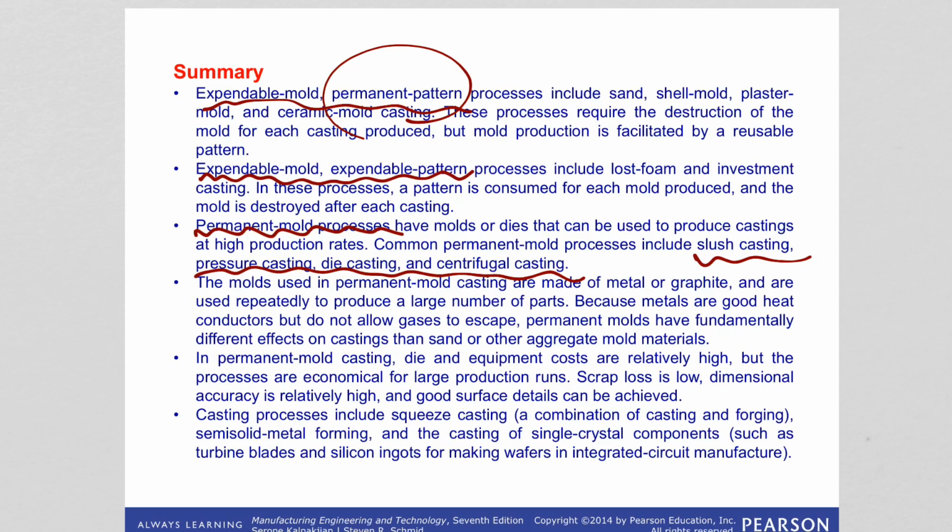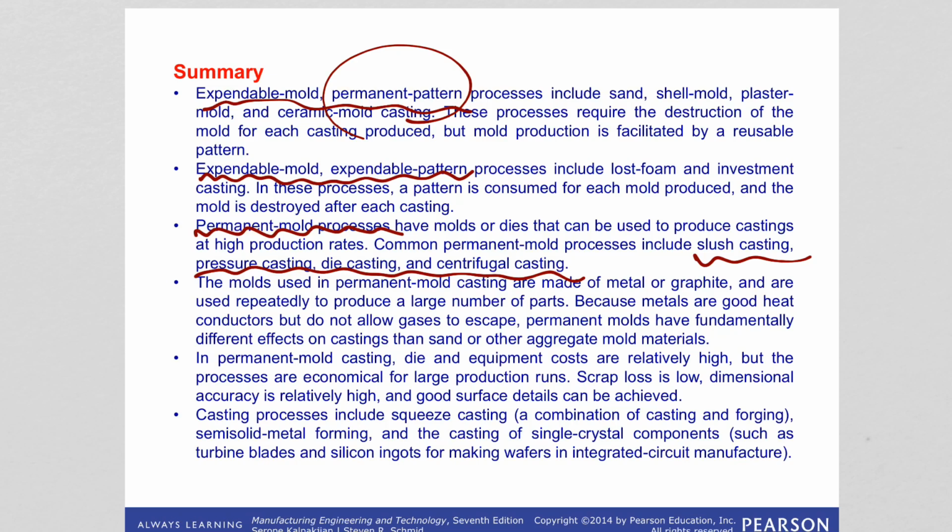The difference from expendable mold casting is that these metals are good heat conductors. Remember, heat conduction affects the cooling rates, and therefore changes the structure and mechanical properties of the metals. Also, unlike sands, these materials don't have pores, so they don't allow the gases to escape. So we need to be careful to remove the gases from the solidifying metal.